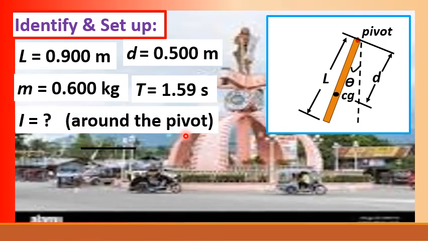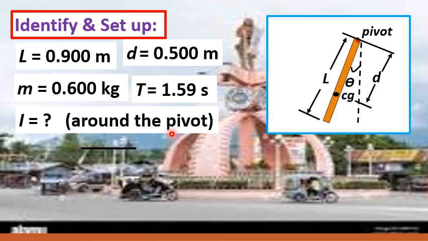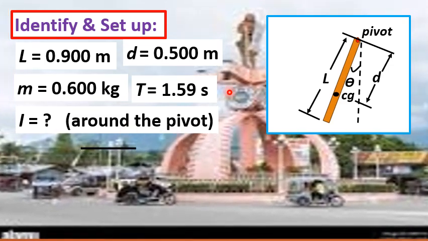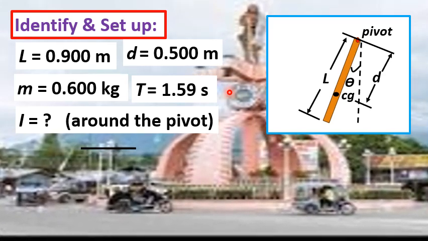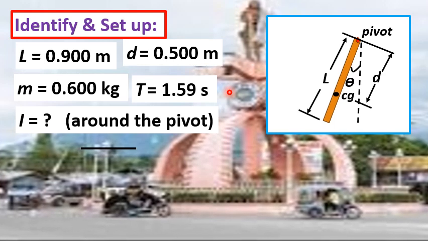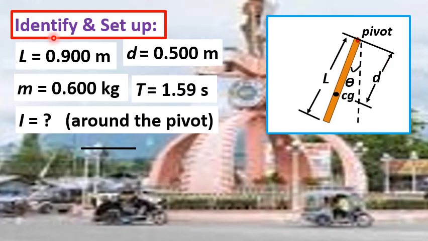The target variable in this problem is the moment of inertia, capital I, of the non-uniform rod about the axis of rotation or the pivot at one end as indicated in the figure.